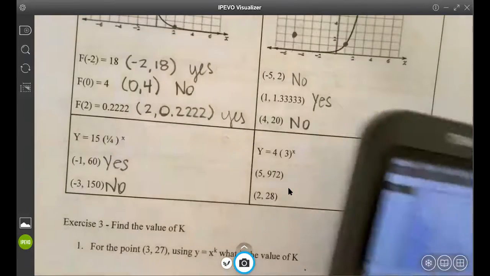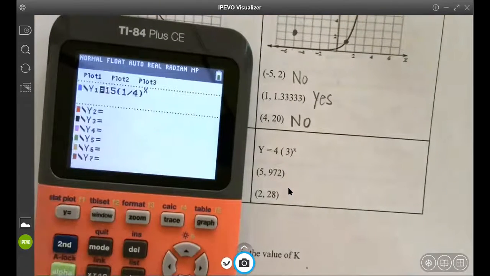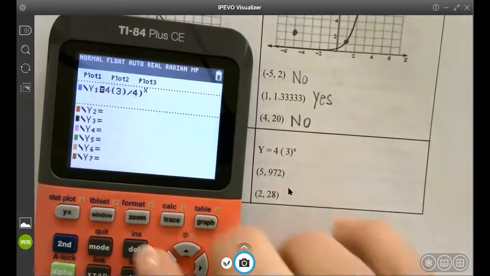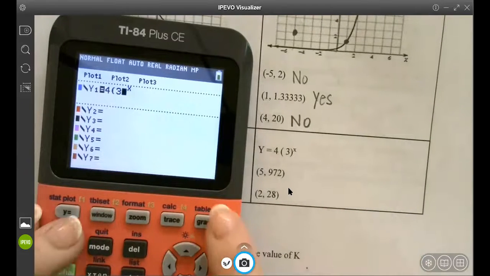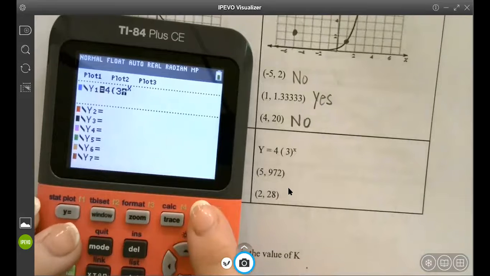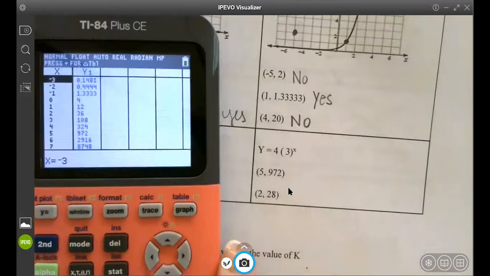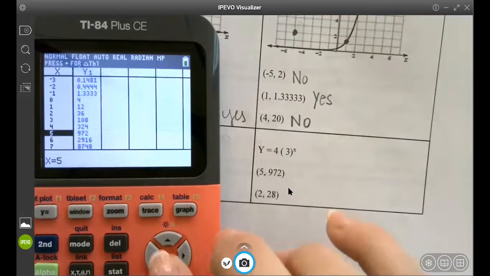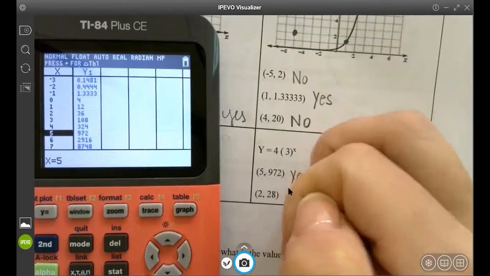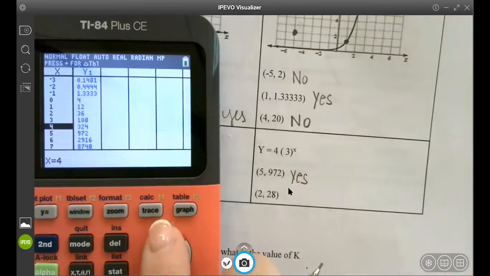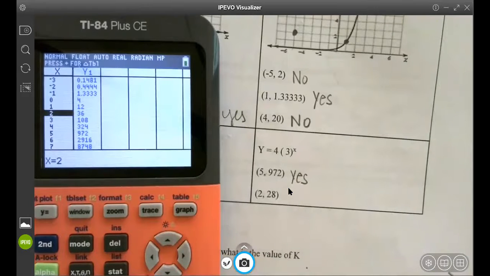So we'll do it again with your new function. Your new function is 4 parentheses 3 to the x. Check your table, second graph. We're looking for 5, 972. Here's 5. Is 972 beside it? Yes. We're looking for 2, 28. Is 28 beside 2?